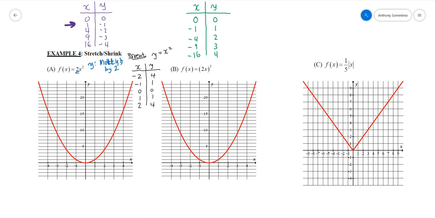So all my y's are going to get multiplied by 2. So the table for this, all my x's will be left alone. Each of the y's is going to get multiplied by 2. And so when I graph these, the graph looks like this.